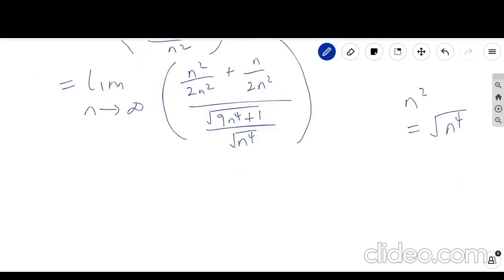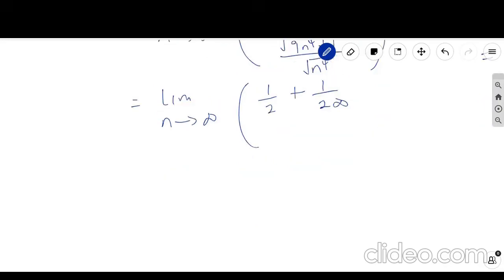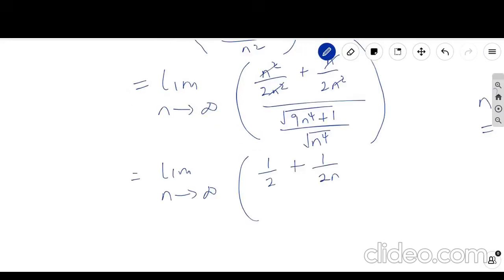From there we have the limit as n tends to infinity of 1 over 2 plus 1 over 2n, over, since they have roots in common, the square root of 9 plus 1 over n raised to power 4.